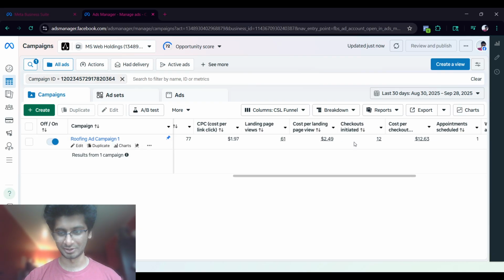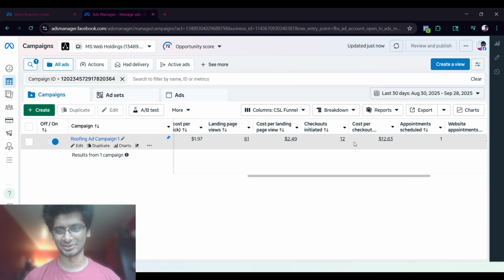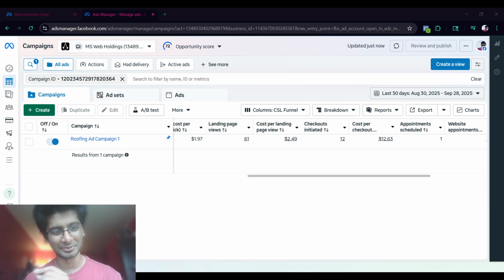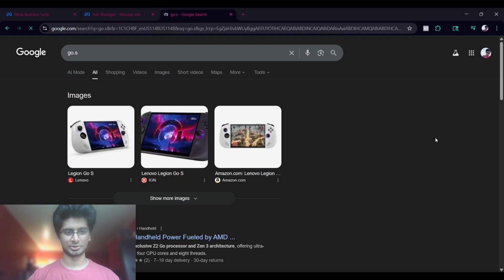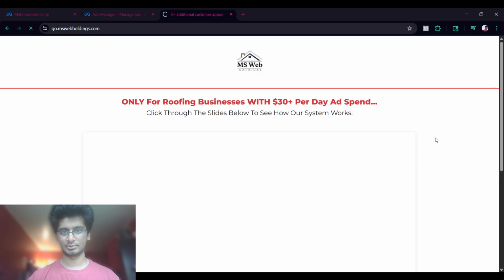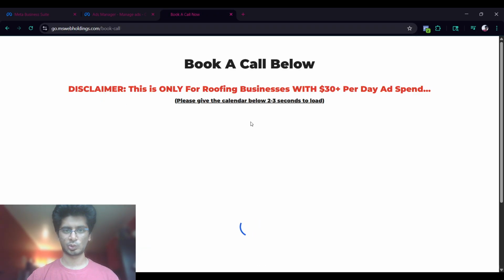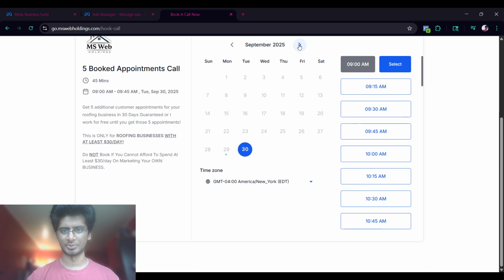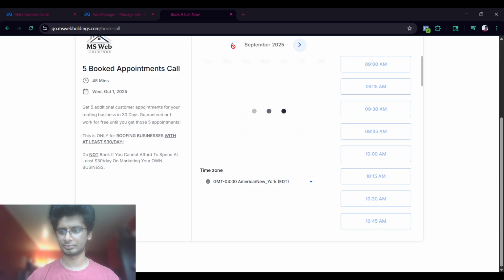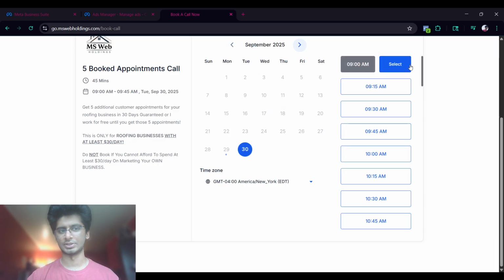Now, what I'm wondering about is 12 checkouts initiated, but only one appointment scheduled. So what this is telling me is the questions I'm asking on my book call page are probably deterring some customers. Maybe it's too long. Let me check actually. There's an appointment scheduled for tomorrow, Tuesday, so I'll have to check that out.